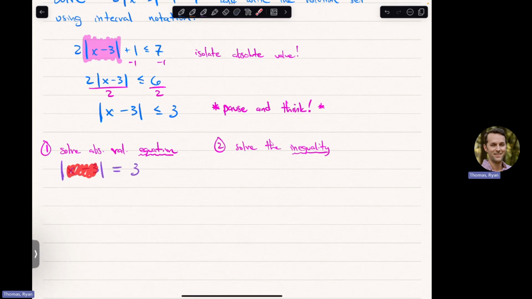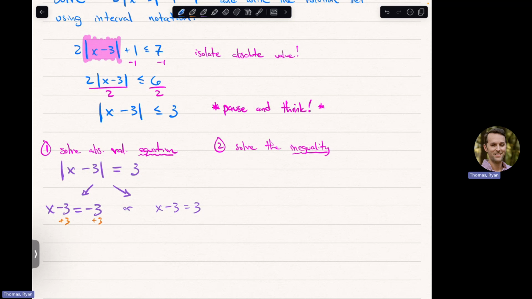Again, don't worry about what's going on on the inside here. For the absolute value of something to be equal to 3, that means it's either 3 or the opposite of 3 in the number line sense. So what I can do is decompose this into two separate statements. Either x minus 3, the stuff inside, dropping the absolute value bars, is equal to negative 3, or it's equal to 3.